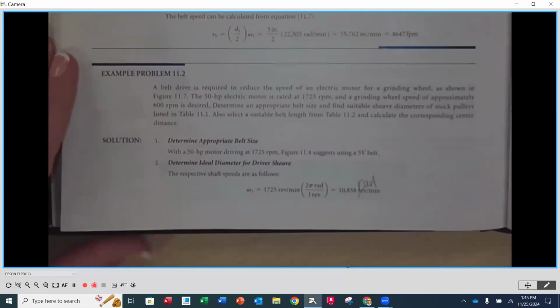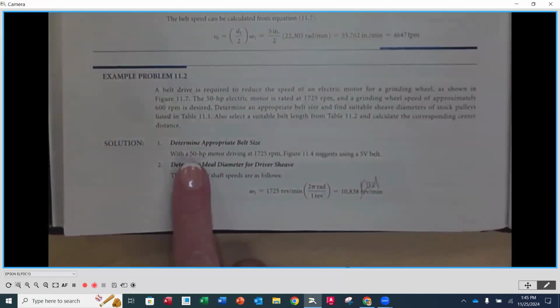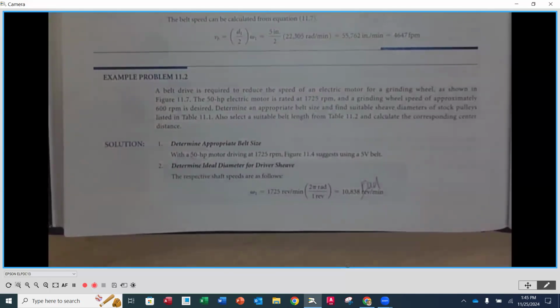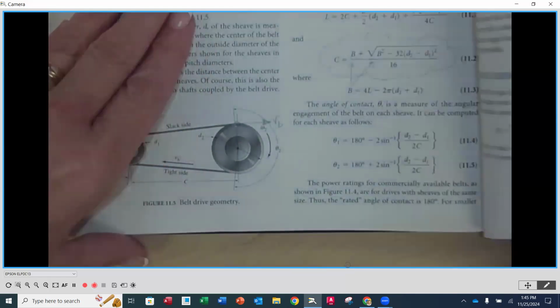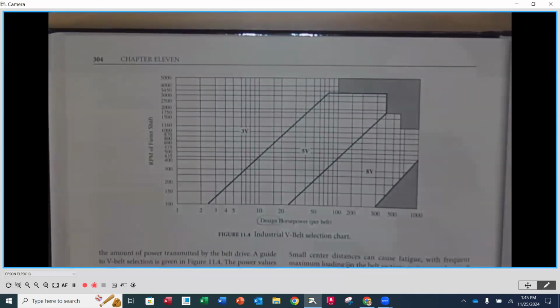We'll follow along with the process that they took in the book here. Step number one was to determine the appropriate size belt. That is where everything starts, because we can't pick commercially available size pulleys until we know what belt size we have, and that's the 3V, 5V, or the 8V. So we're going to go back to page 304 at the top here.